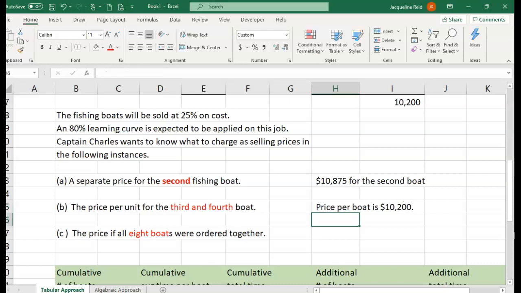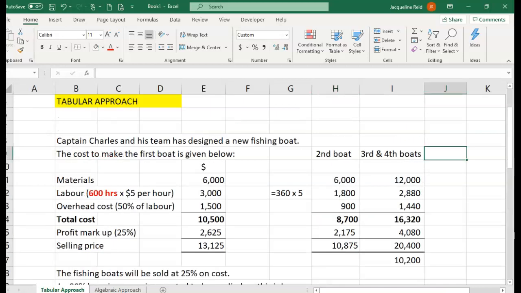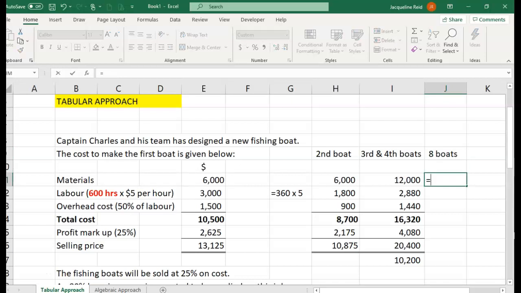Now let us look at the last one. The price if all 8 boats were ordered together. 8 boats. So we can expect that our raw material will increase. So it's 6,000 times 8.